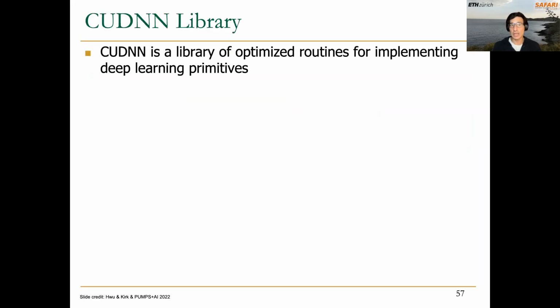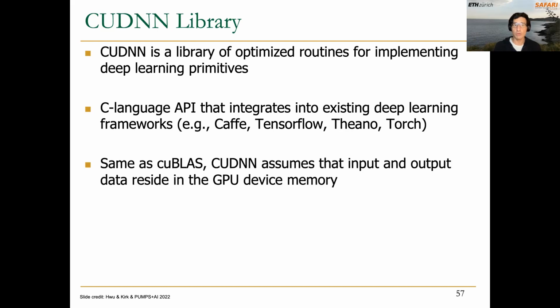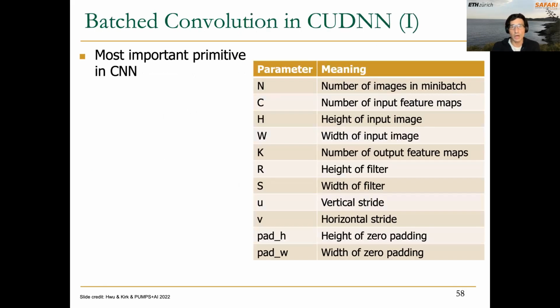This library is cuDNN. cuDNN is a library of optimized routines for implementing deep learning primitives. It's an API that is integrated into existing deep learning frameworks like Caffe, TensorFlow, Theano, or Torch, and similar to cuBLAS, cuDNN assumes that the input and the output reside in the GPU device memory.